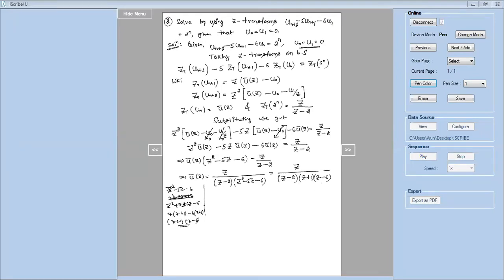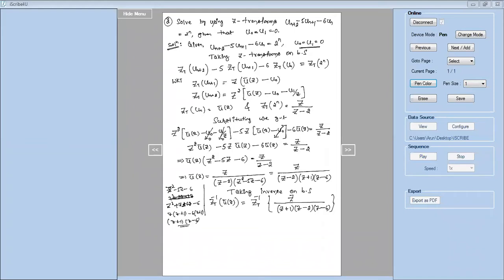Now take inverse z transform on both sides. So taking inverse on both sides, we get: zt inverse of u bar of z is equal to the right hand side, which is zt inverse of z by, I'll write z plus 1 first, then z minus 2 into z minus 6.